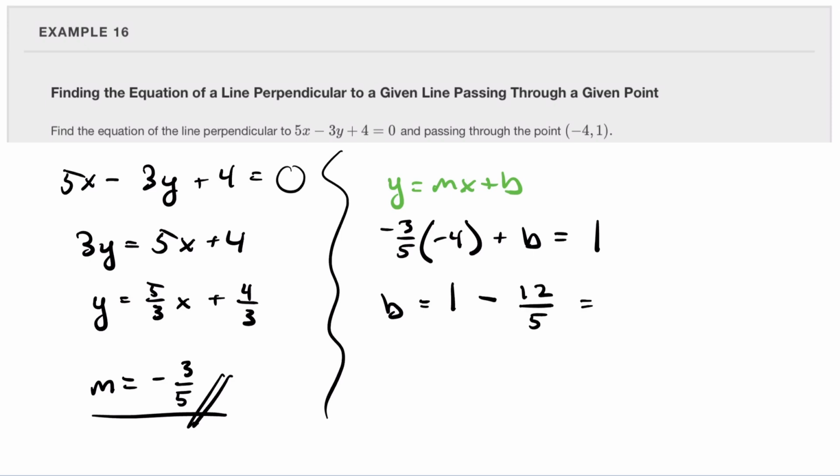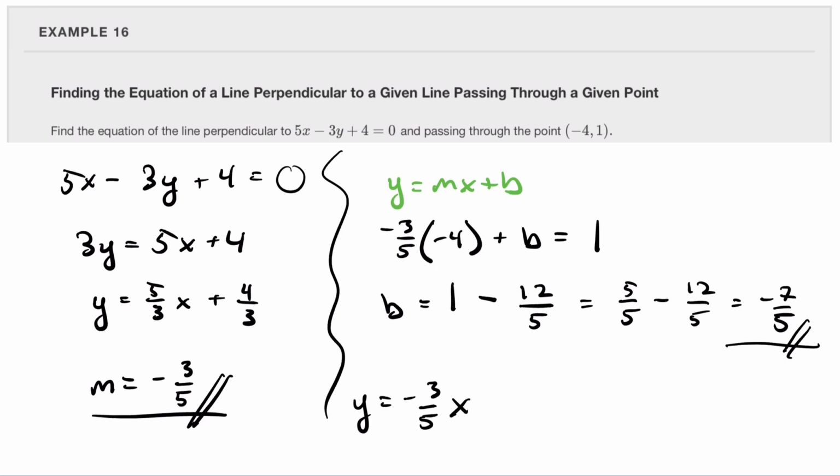That's going to be 5 over 5 minus 12 over 5, negative 7 over 5. So then the equation of the line should be y equals negative 3 by 5 x minus 7 by 5.